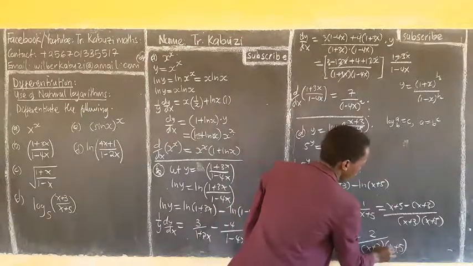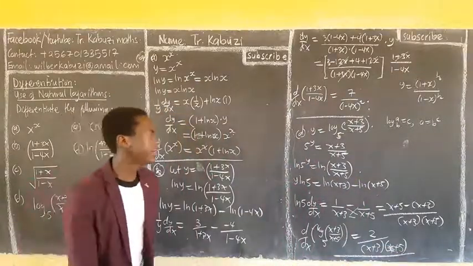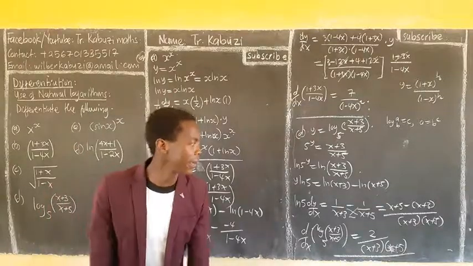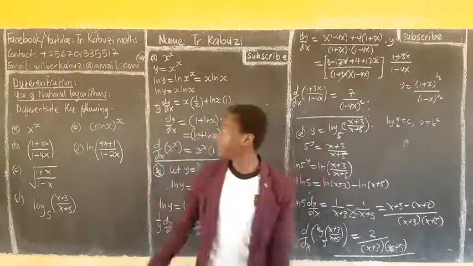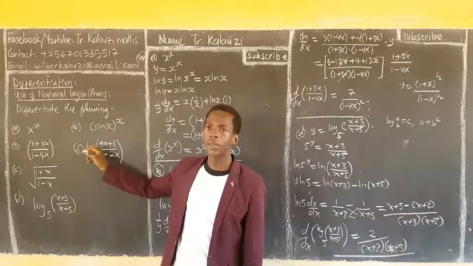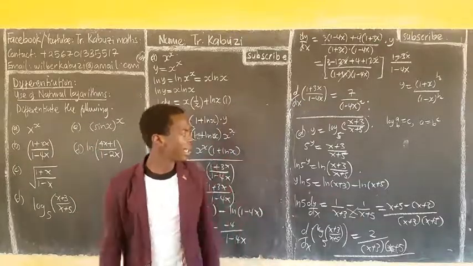So that's what we have, members. So that's how we use natural logarithm to simplify life. I wish you the best. Please complete this one, and also complete the other. But for this one, natural logarithm was already there, so this one will just expand. I wish you the best.